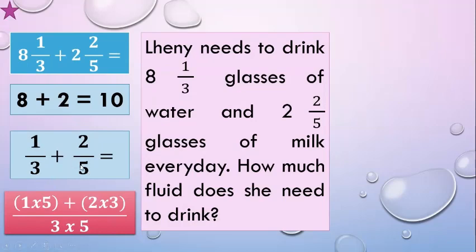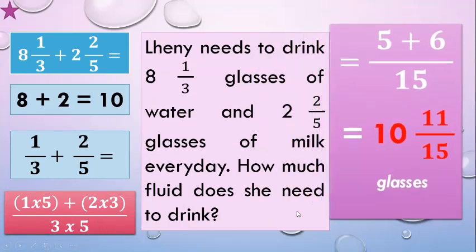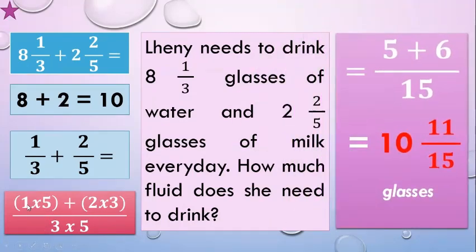So 1 times 5, 2 times 3, and 3 times 5. Did you follow? Okay, let's proceed. Here, 1 times 5 is 5. 2 times 3 is 6. 3 times 5 is 15.